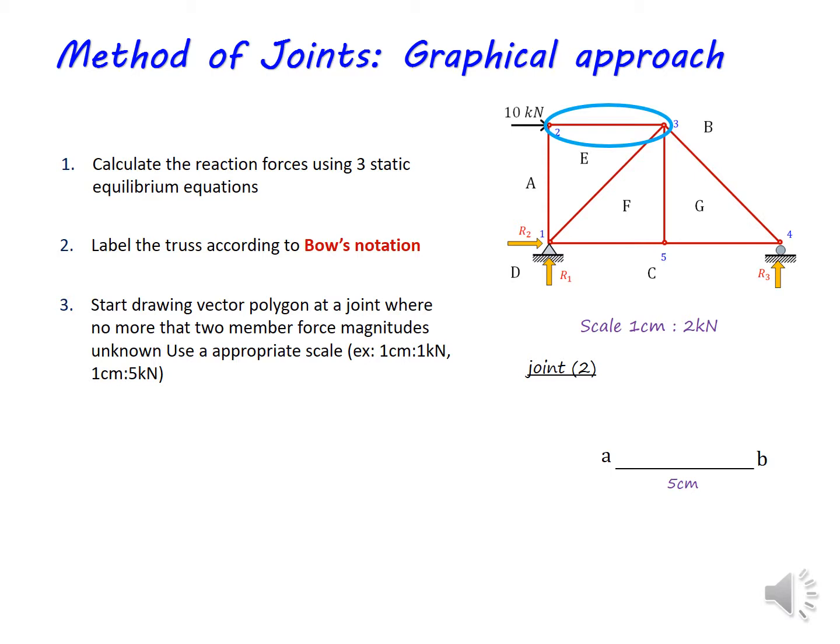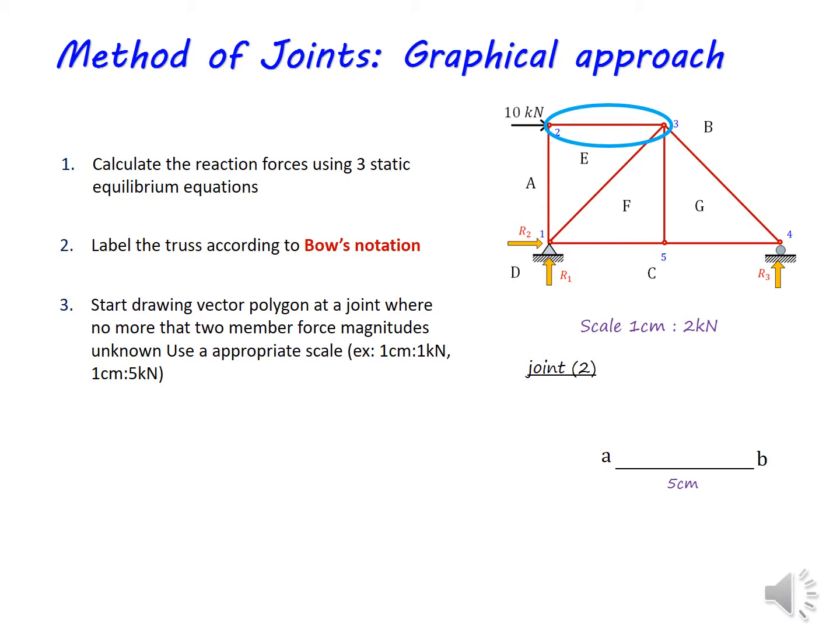Then we try to draw the force at joint 2 due to the member 2, 3. Here we don't know the magnitude of the internal force of that member. What we know is only the direction, or the line of action, of this force, that is a horizontal force.